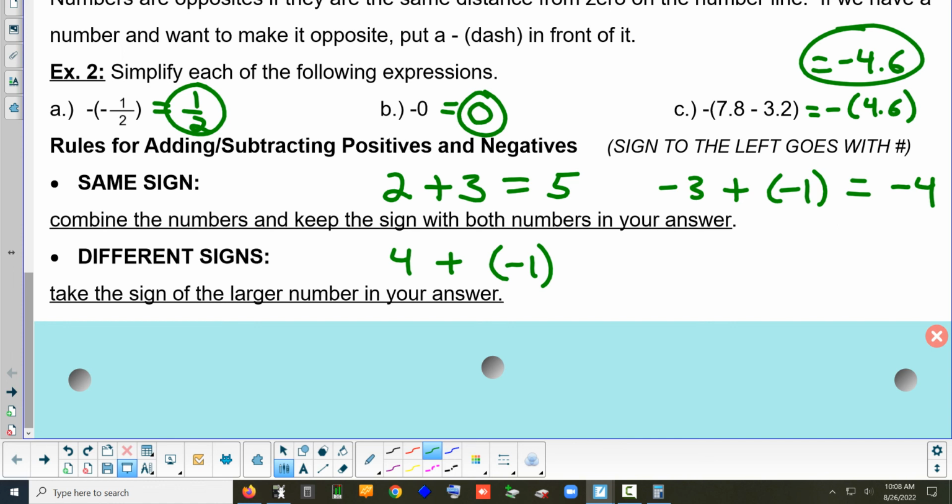Positive 4, that's a bigger number. Think of it as more powerful. The positive is going to overpower the negative. There's more positive than there is negative here. So when you have different signs, you take the sign of the larger number. So it is going to be a positive, and then we combine what we had, which is the 4 minus 1, and that's how we get a positive 3. Again, if you've got a good way that helps you to think of it, just do it the way you know. But if not, I'm trying to help you.